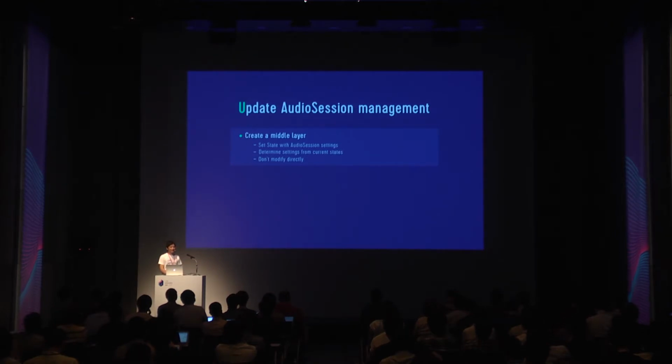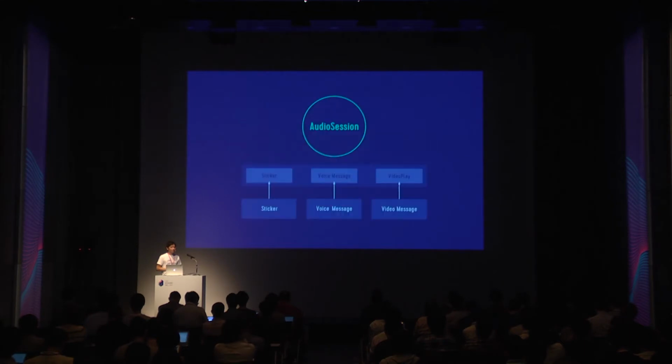Therefore, we need a middle layer to manage audio session status. Firstly, each function describes the audio session setting it wants to use, and we call this a state. And the middle layer would manage multiple states, and it would decide from the current states the ultimate audio session state. What's important is that we don't change audio session directly. When each feature uses audio, the middle layer audio session would add the state.